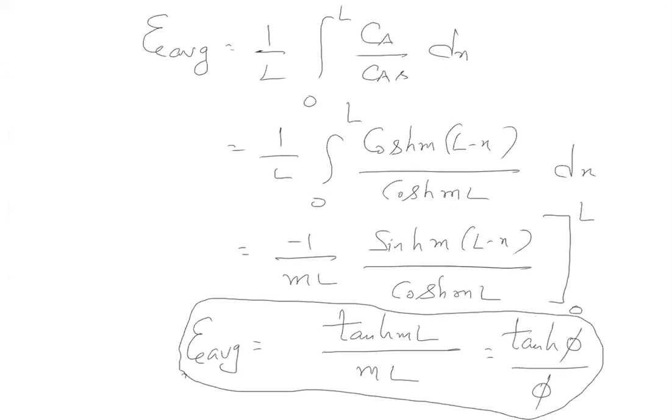Has everybody got it till now? Clear? Now, suppose phi is less than 0.4. Can somebody calculate what tanh of 0.4 is? It is almost equal to 0.4; you will get 0.38.